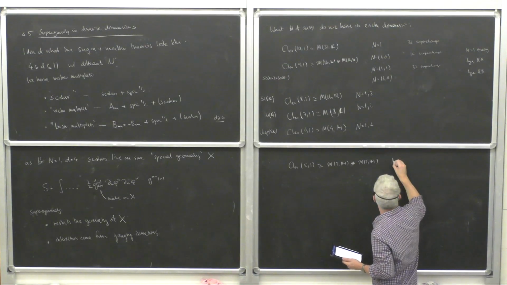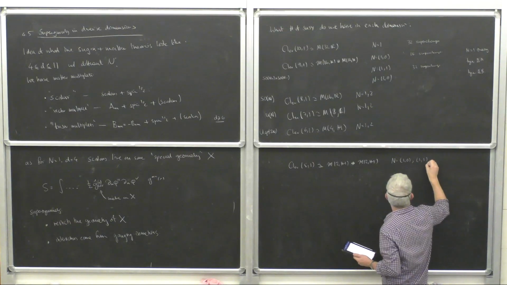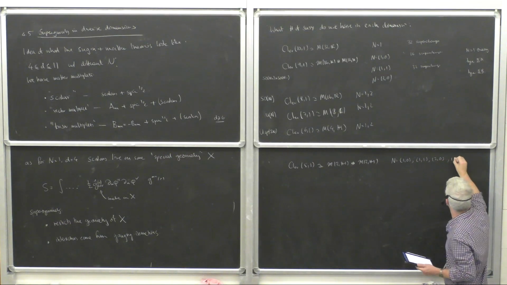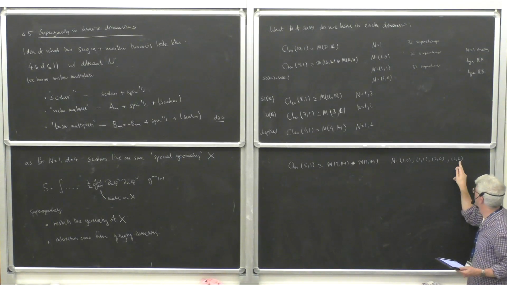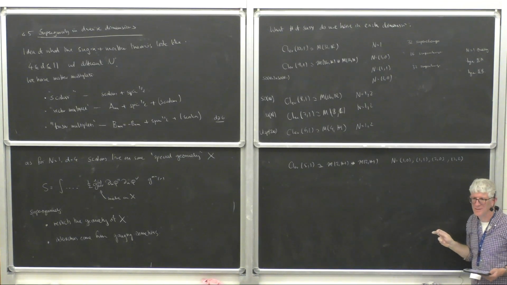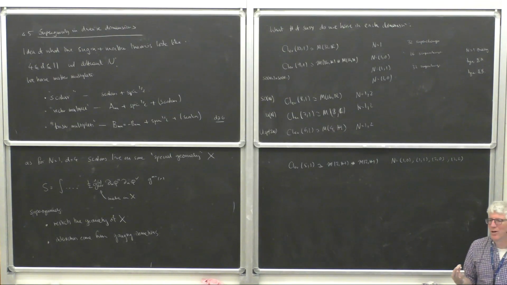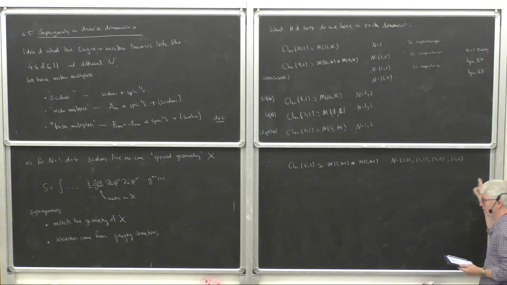Now I can have n is (1,0), (1,1), (2,0), and I'm just going to do (2,2). There are in principle theories (4,0) and (3,1), and people believe that they're gravitational theories, but we don't know how to write them down properly as gravitational theories. So let me just stick with that.